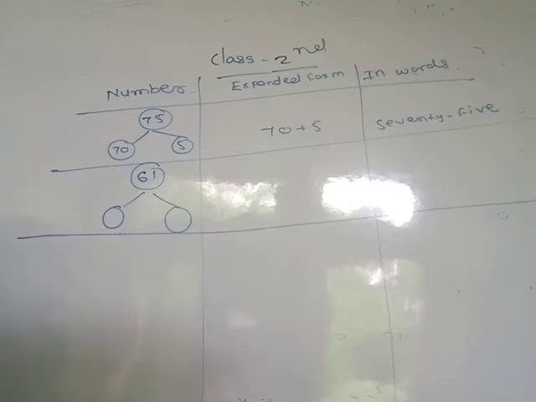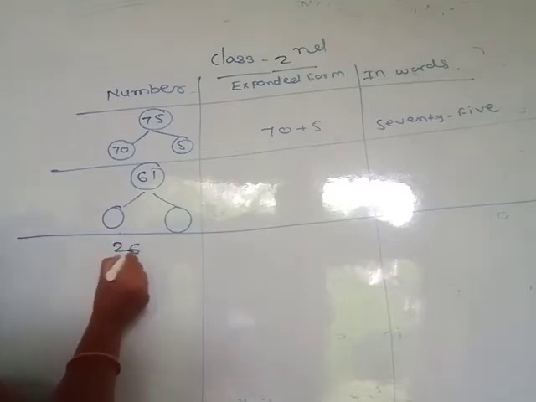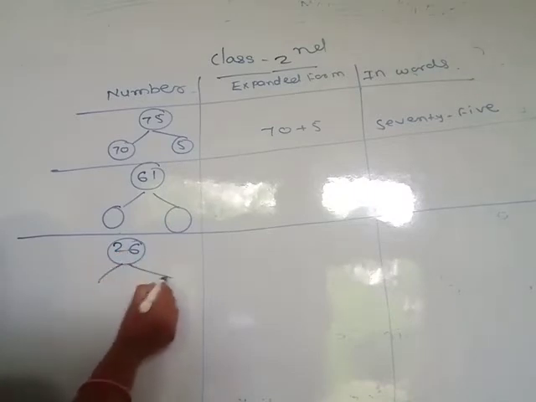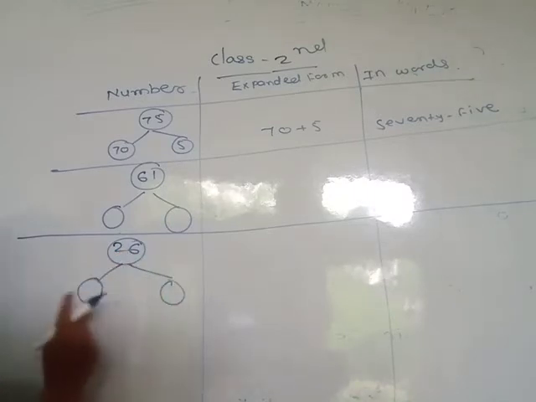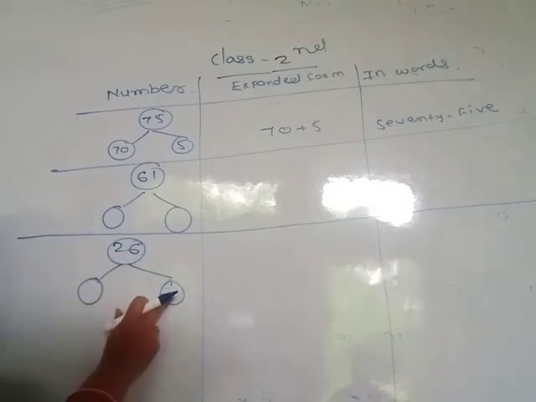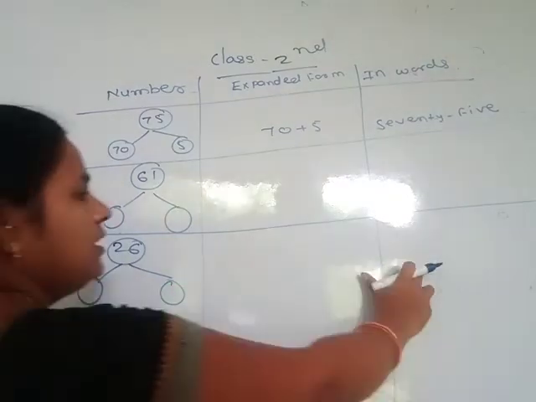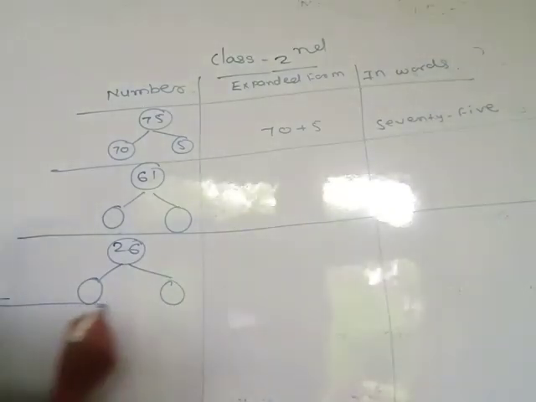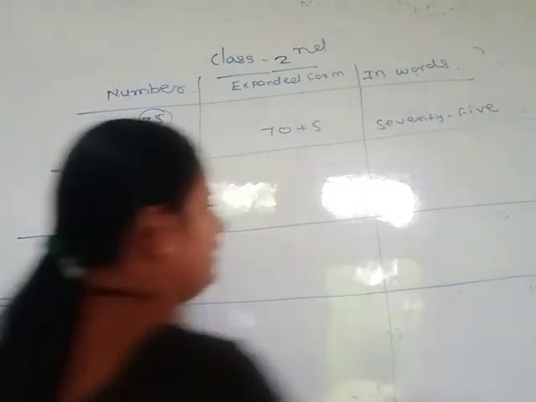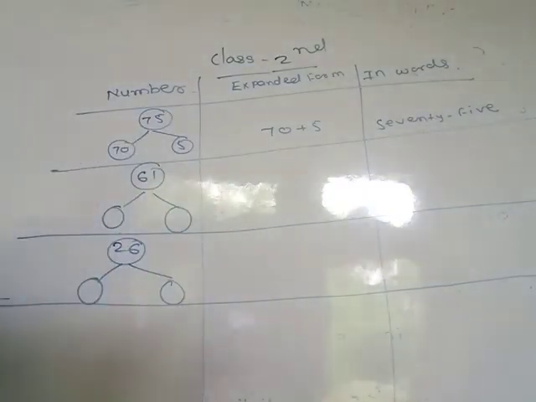Then next number 26. Here write 20, here write 6. Then here write 20 plus 6. Then in words, spelling 26: 20 and afterwards 6.